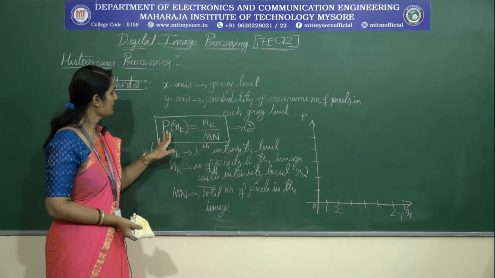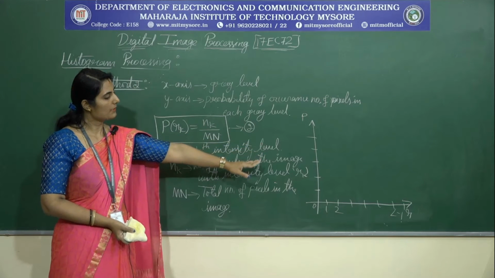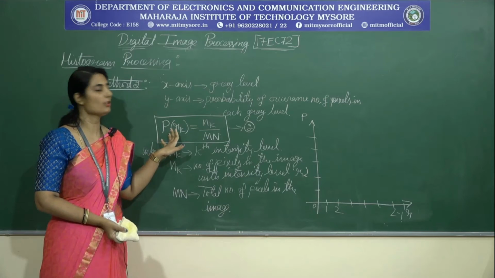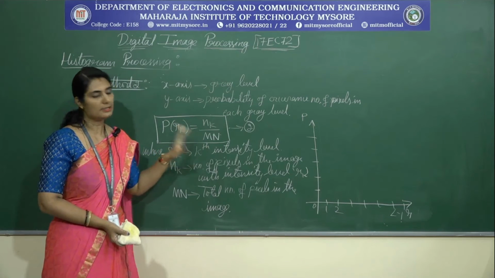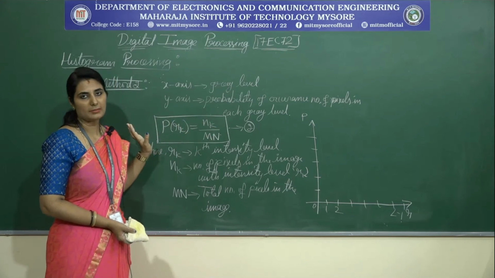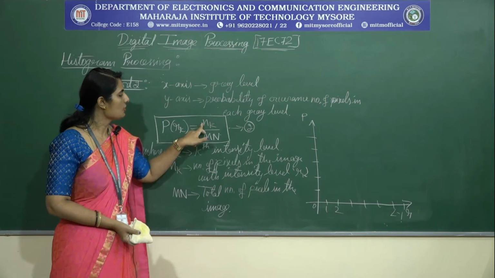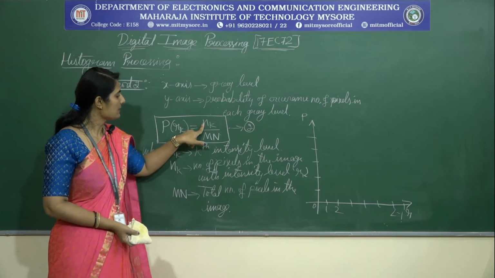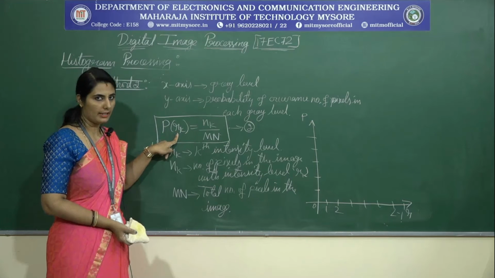So in this method, rather than simply finding the number of pixels having that particular intensity level, we find the probability of occurrence of the number of pixels with that particular intensity level. This can be done by using this mathematical expression. To find the probability, we use the ratio Nk by Mn. Here Nk is nothing but the number of pixels having the intensity level Rk.